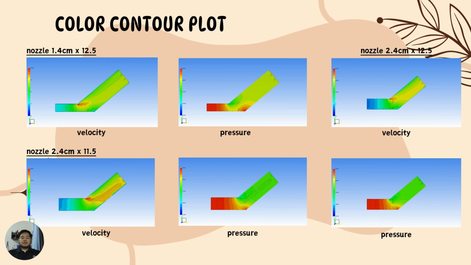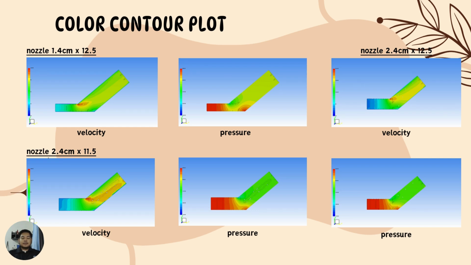Color contour plots. Here are the results of the simulations using color contour plots. These plots show the airflow velocity and pressure for different nozzles. For example, for the nozzle with 1.4 cm width and 12.5 cm length, the velocity was highly concentrated near the exit with uneven airflow distribution.